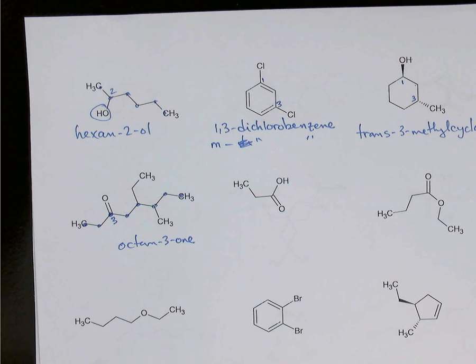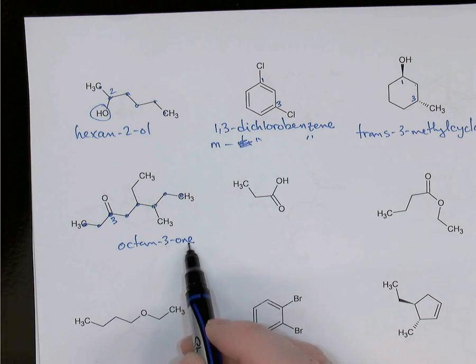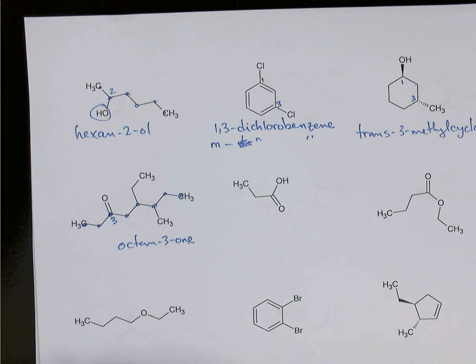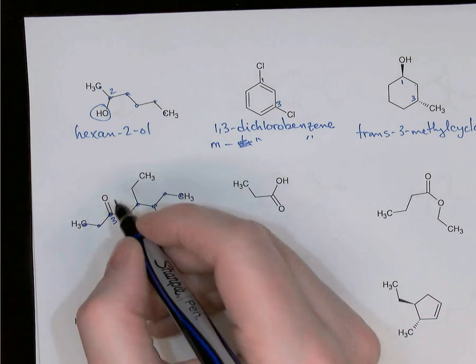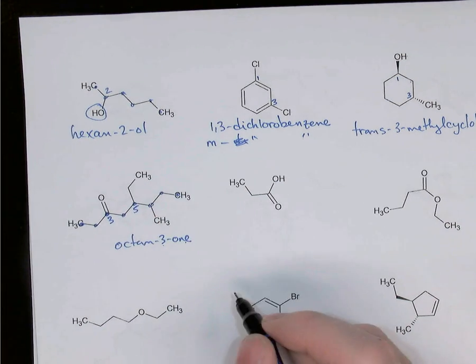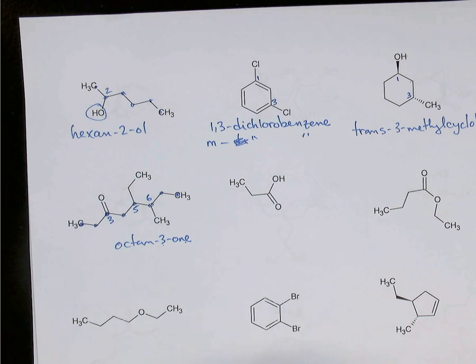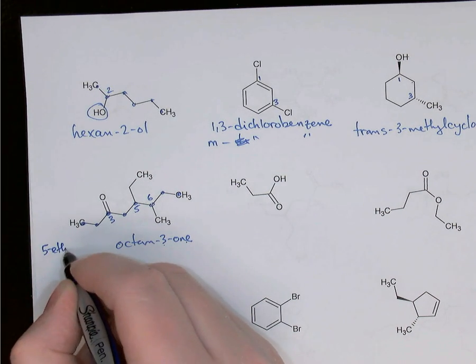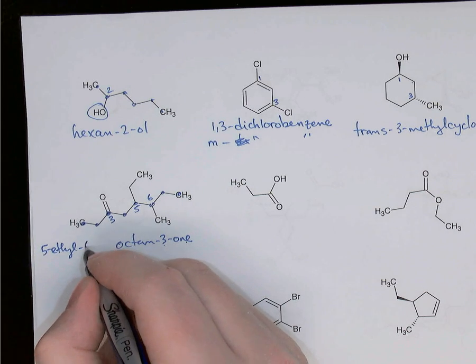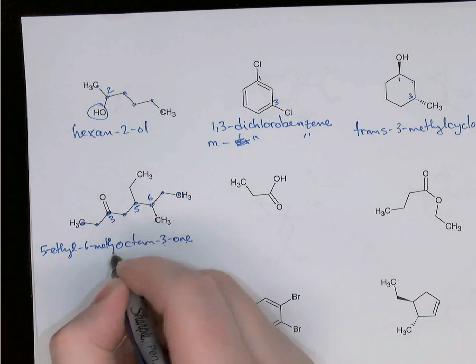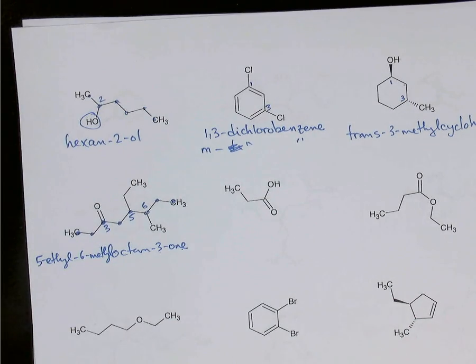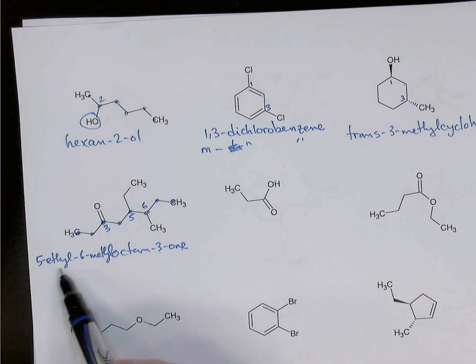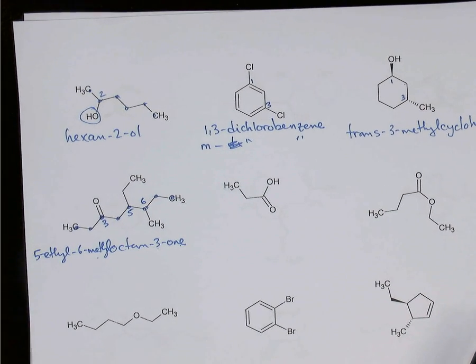Ketones are named like that. It's saying 3-one because the third carbon is where the ketone group is. Carbon 5 has an ethyl branch. Carbon 6 has a methyl branch. So 5-ethyl, 6-methyl, octane 3-one. Ethyl before methyl alphabetically.